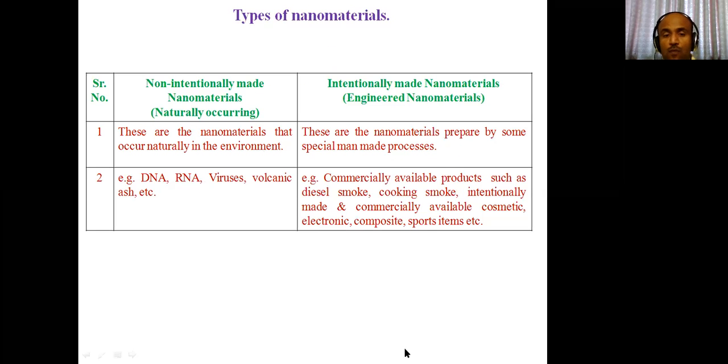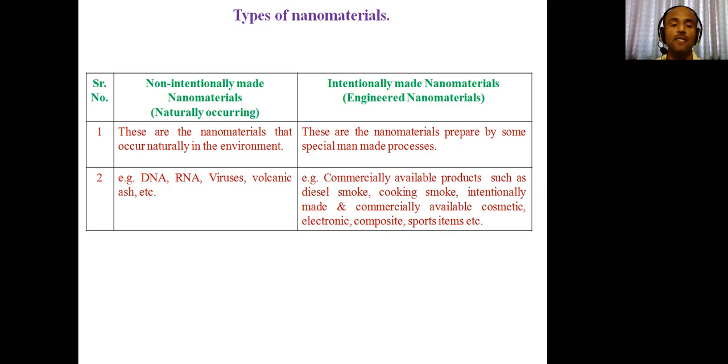Now, types of nanomaterials. Nanomaterials are basically divided into two parts: non-intentionally made nanomaterial, also called naturally occurring nanomaterials, and the second type, intentionally made nanomaterial, also called engineered nanoparticle.